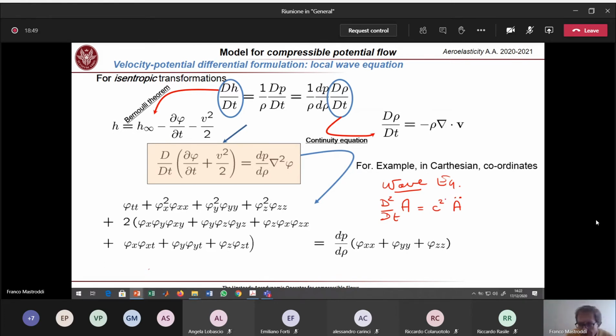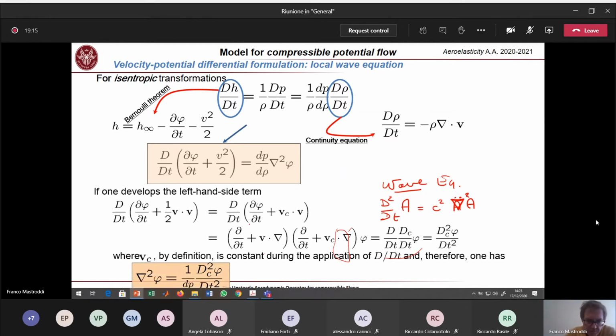We have a Laplacian here. We don't have this form at the moment because we have a complicated operator on the left hand side, and probably in the left hand side we could recognize this as a square of the velocity of propagation and this as a Laplacian, but this is not clear at the moment.